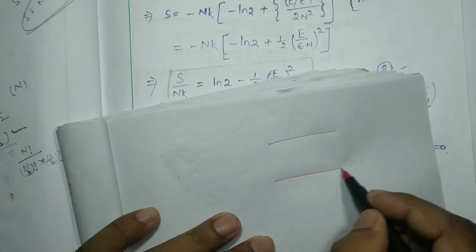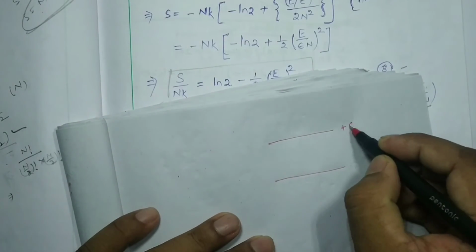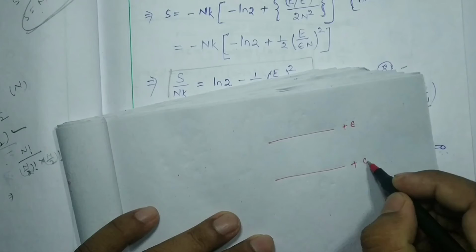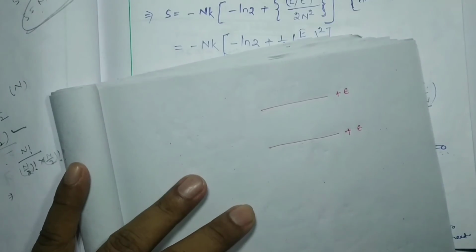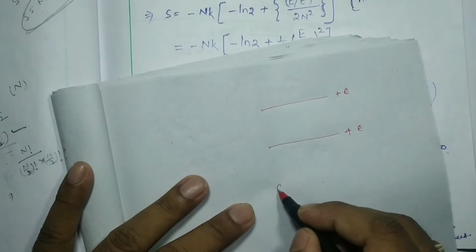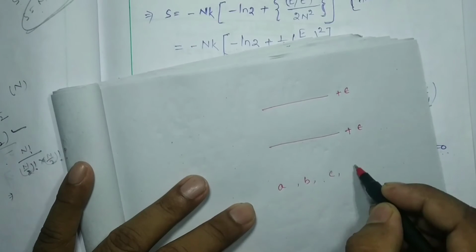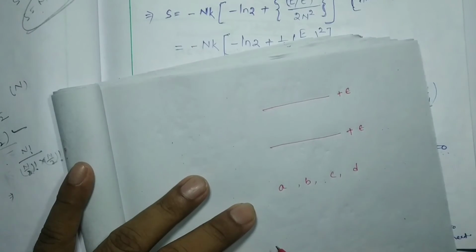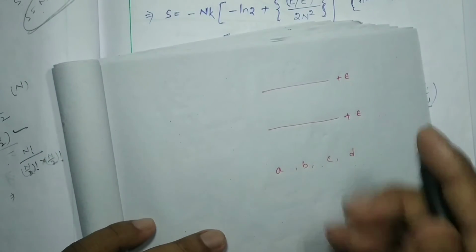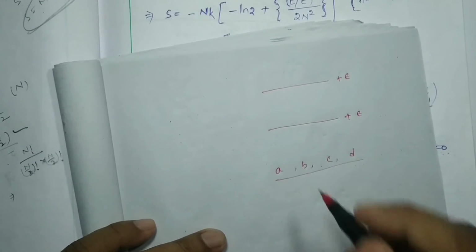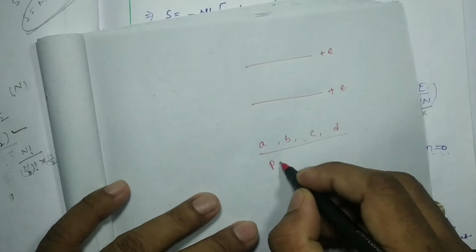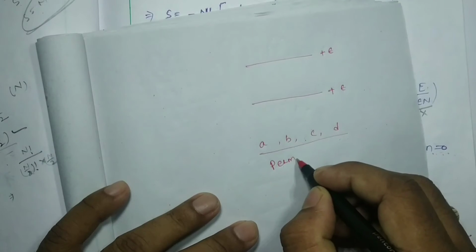This is our energy state belonging to plus epsilon, this is our minus epsilon. Suppose we consider 4 particles A, B, C and D. Let these 4 particles have permanent magnetic moment.